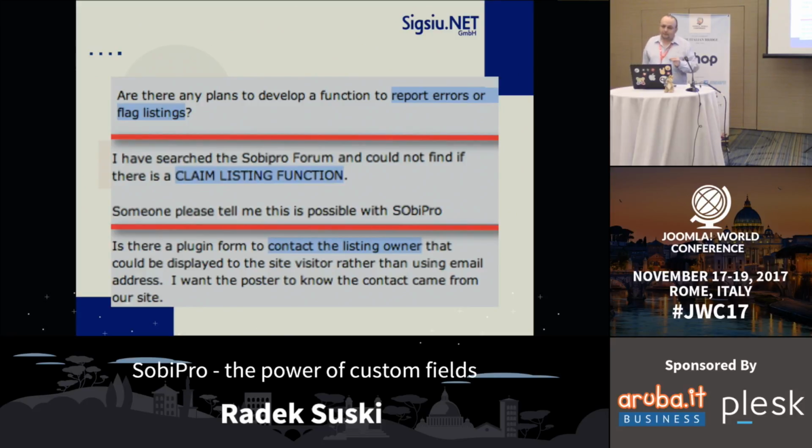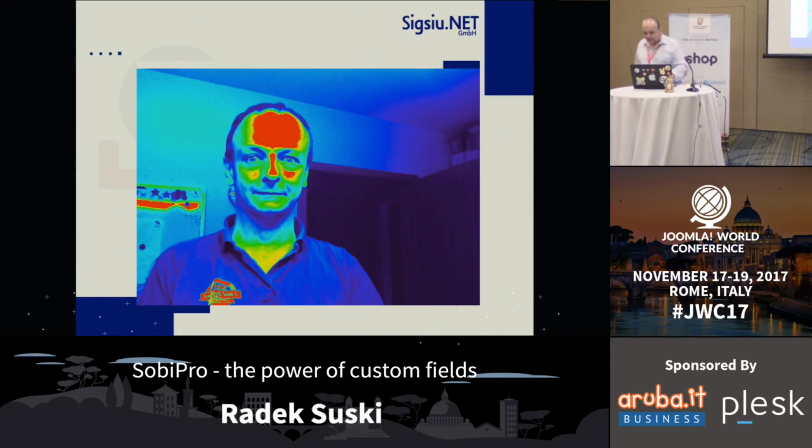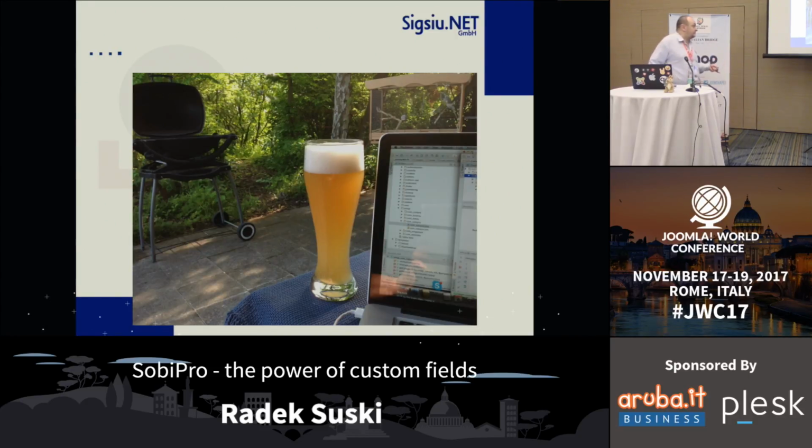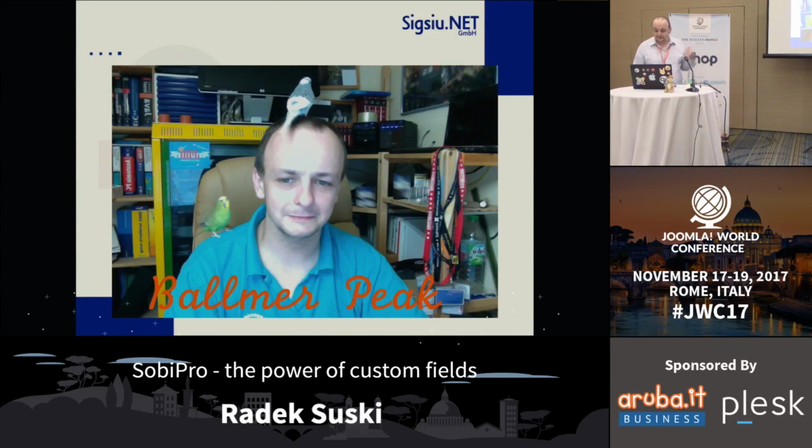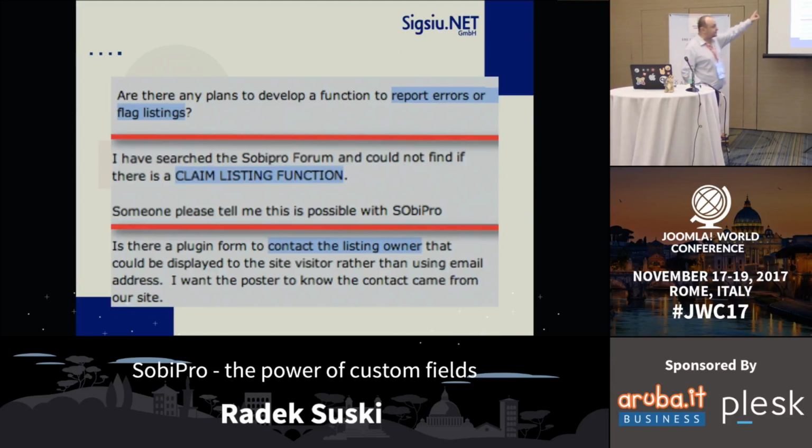At some point, people were asking us in our forum when those applications are going to be available for SobiPro. So I was thinking a little bit about it. And then I was thinking a little more. And even more. And then at some point I realized that actually those three applications are the same.